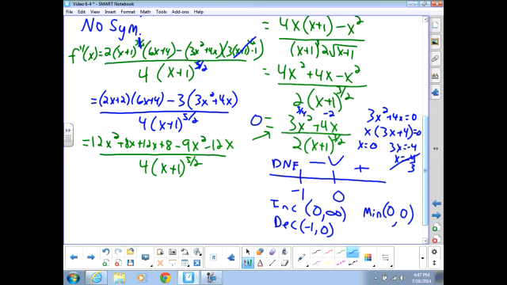And we'll neaten everything up to give us 3x squared plus 8x plus 8 all over 4 times (x plus 1) to the 5 halves. And we want to know, when is that going to equal 0 for our number line?